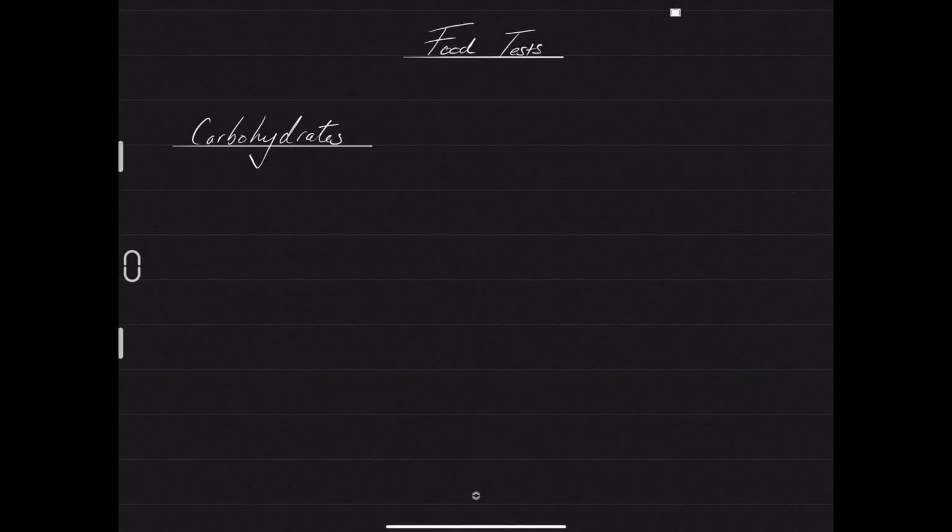Right, so the first one is called the iodine test. So the first test that we come across is known as the iodine test. Now this test will test for the presence of starch. So the iodine test is used to see if starch is present.